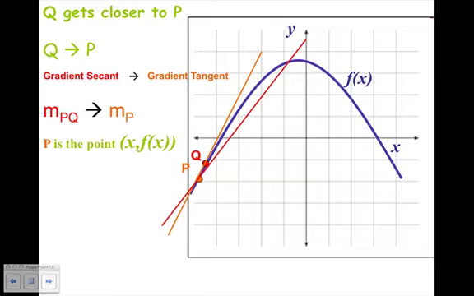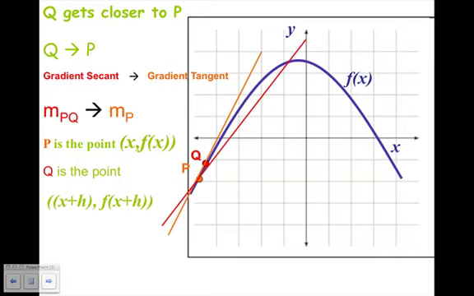We're going to actually give our points coordinates now, and they're going to be very general. P is the point with the x coordinate x and the y coordinate f(x). And Q is the point (x plus h, f(x plus h)). Now where did that come from? Well, all that's saying is that the distance along the x-axis between P and Q is a distance of h units.